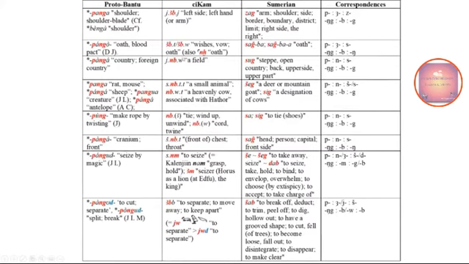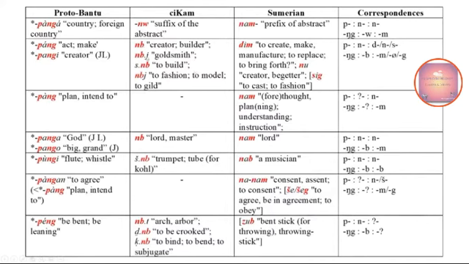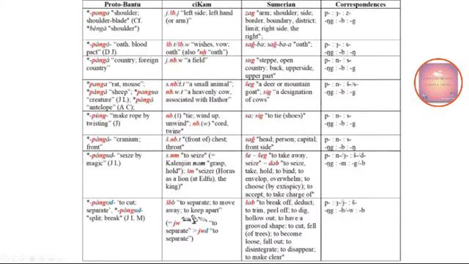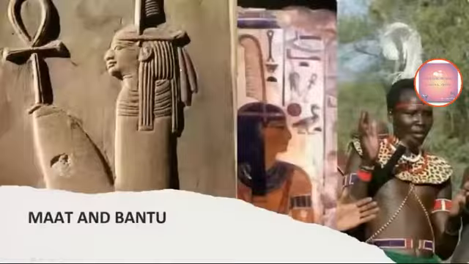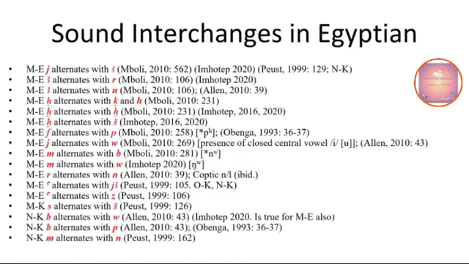And so you can see here that the PNG in Proto-Bantu is cognate with the NB and NW. And remember that when we go back to our comparisons in Egyptian, this nasalized uvular trill alternates with N and R. So when you see this in one dialect, you'll see RN in another dialect.